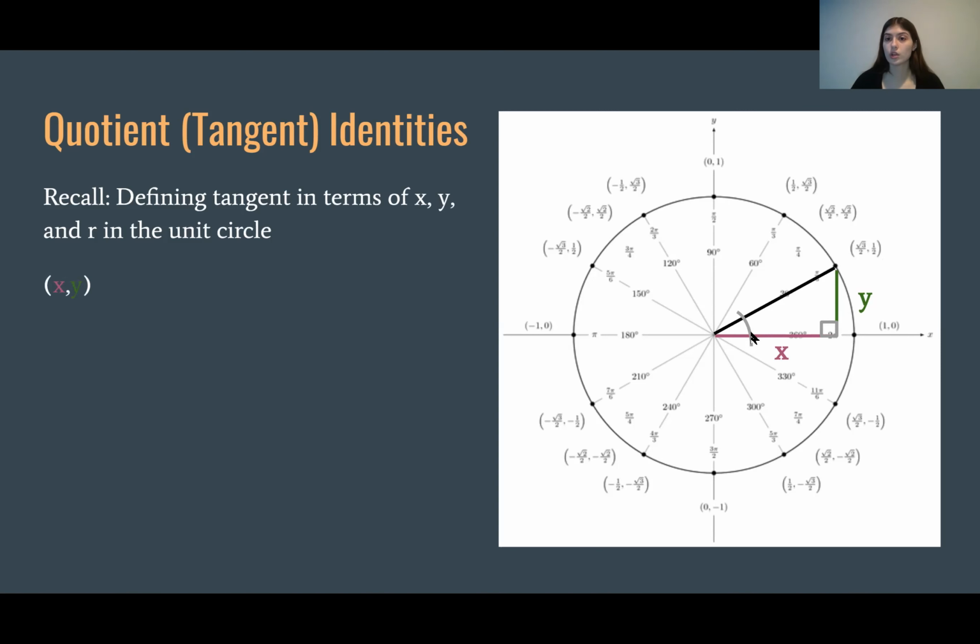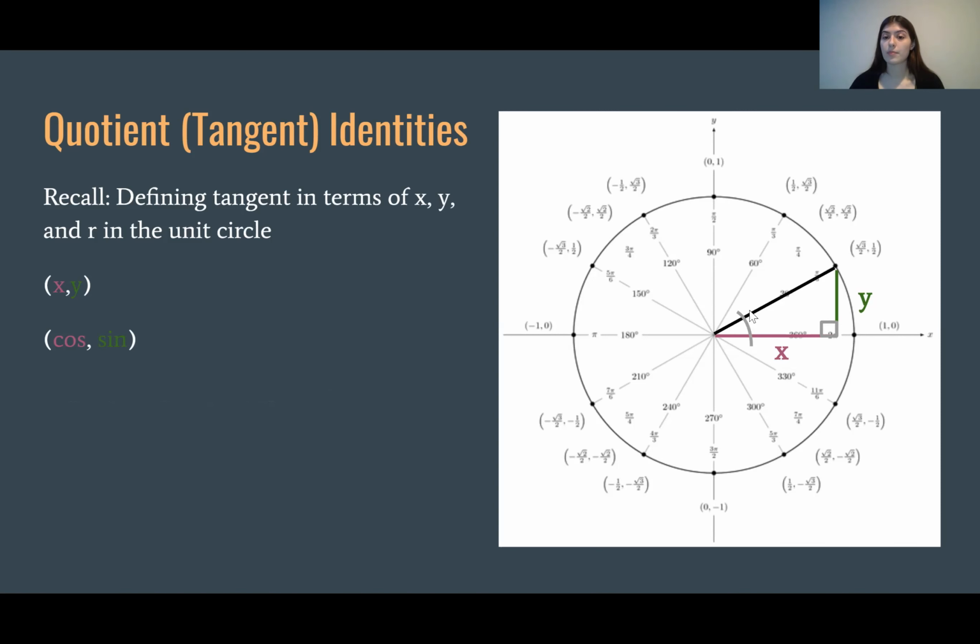Let's go back to SOHCAHTOA and remember cosine and sine. If cosine is adjacent over hypotenuse, then for cosine, it would be x over r. We're looking at this angle down here.